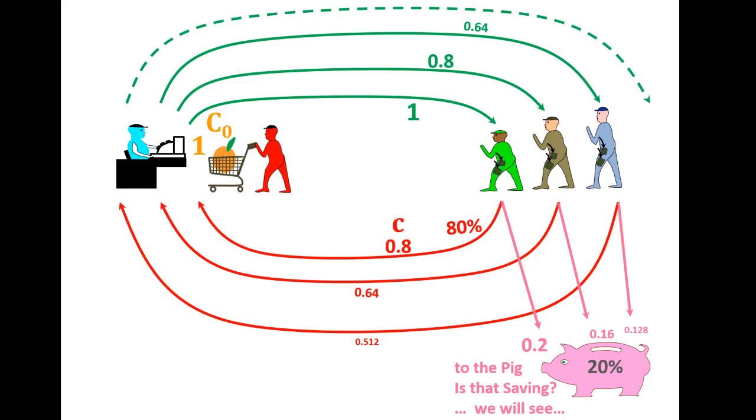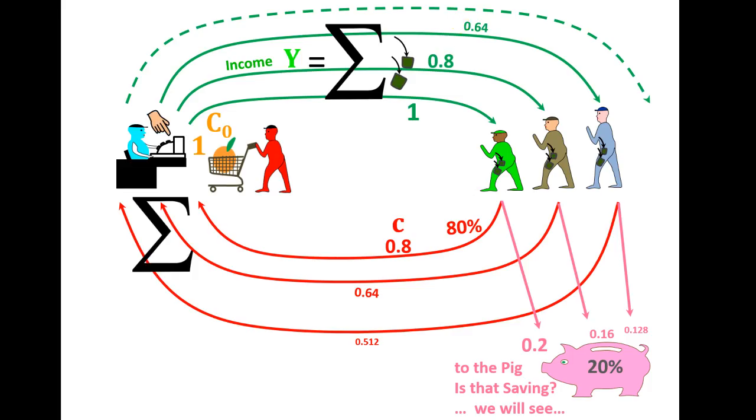As we did in the previous video, we are going to call income, and we are going to use the letter Y to represent the sum of all of these quantities, which is all of the money that gets into pockets, which is this plus this plus this, etc. And the aggregate expenditure that we had before is going to be now the sum of 1 plus this plus this plus this, etc. Everything that passes through the cashier.